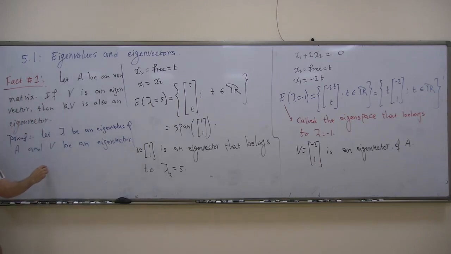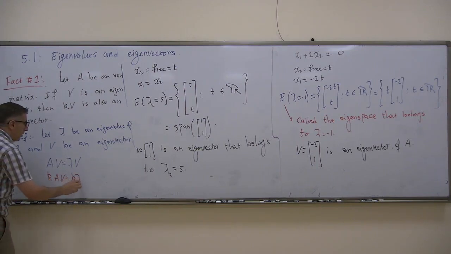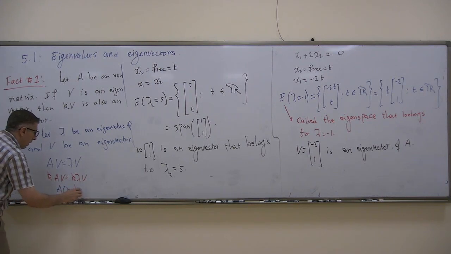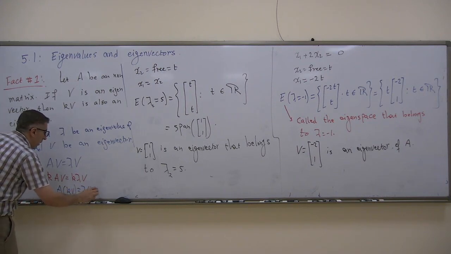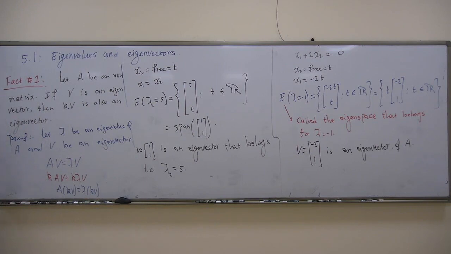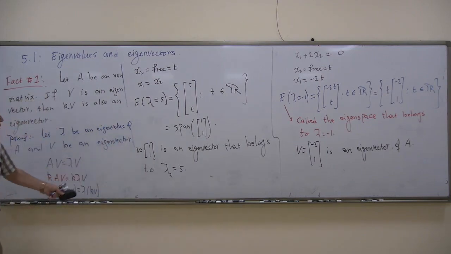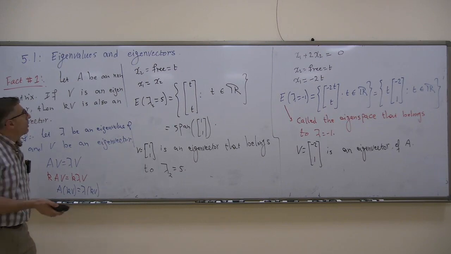So you have AV equals lambda V. So what happens now if you multiply this by k from here and this by k from here? Now you bring the k in, so this will be A(kV) equals lambda (kV). So basically, whenever you have an eigenvector, any scalar multiple of that is also an eigenvector. So that's easy to observe from this example, and it's easy to prove in general. Okay? Fact number 2.